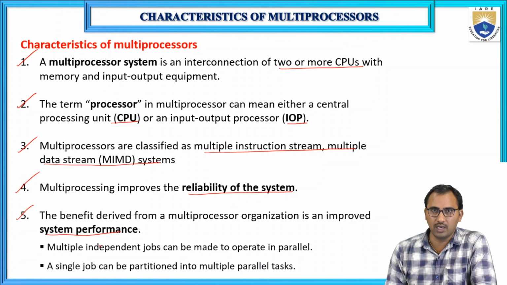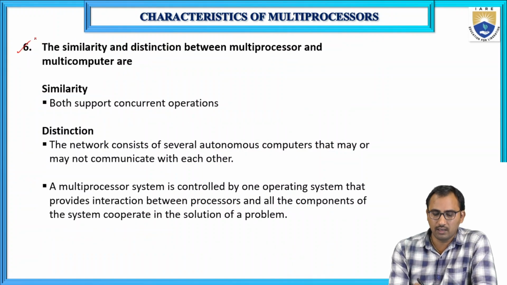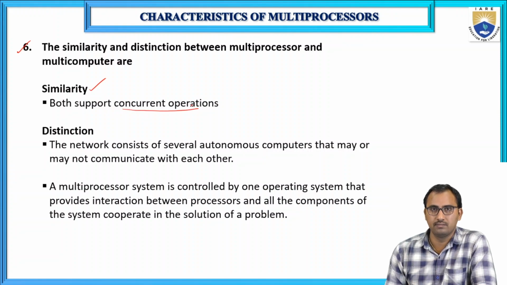Just before, we have seen how we can improve the performance of the system. In two ways we can improve the performance: one is by operating multiple independent jobs parallelly, and the second way is partitioning a single large job into multiple parallel tasks. And the sixth one is the similarity and distinction between multicomputer and multiprocessor. The similarity is that they both support concurrent operations.